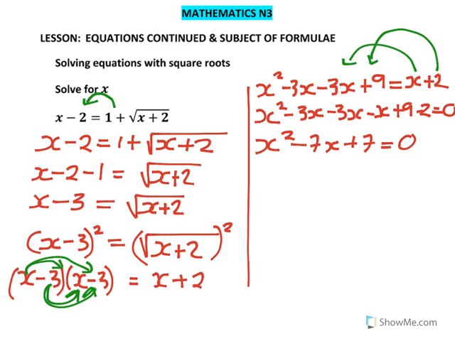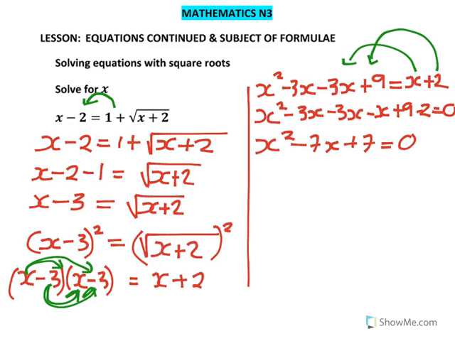Now the next thing that you need to do is to solve that particular quadratic equation. In this quadratic equation, we are looking for two numbers. When you multiply them, they will give you a 7, and when you add them, they will give you a minus 7.